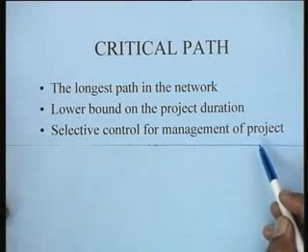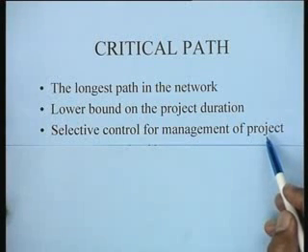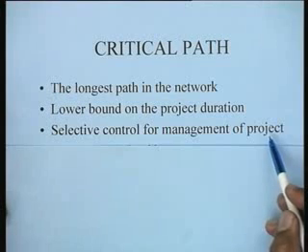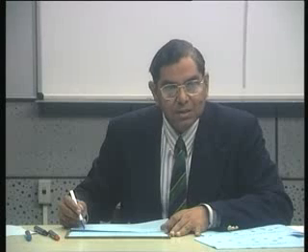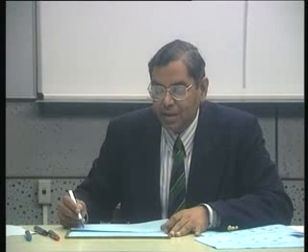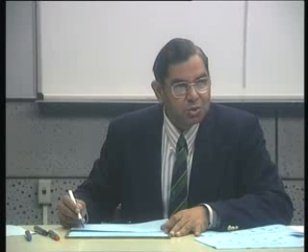Another important thing about the critical path is that it is a means of providing selective control for management of the project. By virtue of the fact that it is the path which determines the project duration, it identifies a subset of activities, and the management, by concentrating on that subset of activities, can in fact monitor and control the entire project. So it is something like A-class items in inventory control.